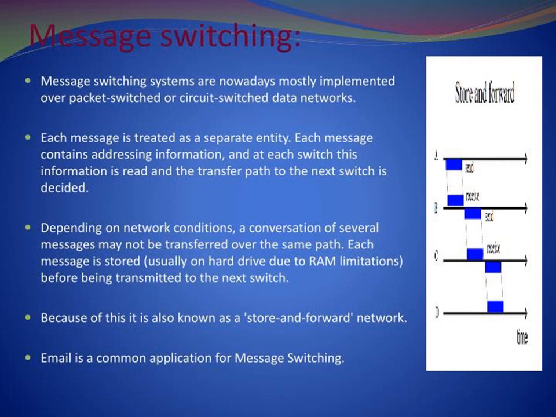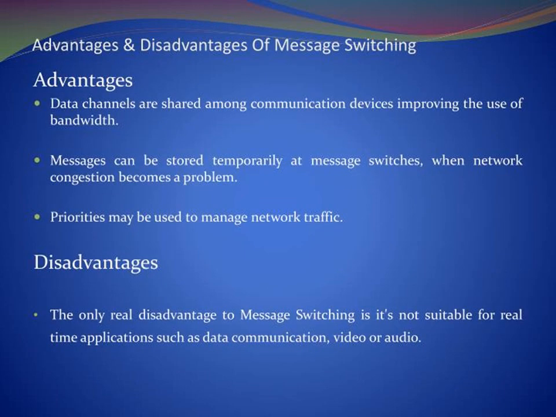Depending on network conditions, a conversation of several messages may not be transferred over the same path. Each message is stored before being transmitted to the next switch. Because of this, it is also known as a store and forward network. Email is a common application for message switching.